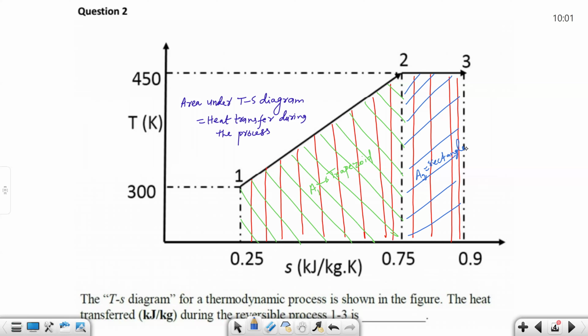We want the answer in kilojoule per kilogram. Entropy is in kilojoule per kilogram Kelvin and temperature in Kelvin, so the area will give you kilojoule per kilogram itself.